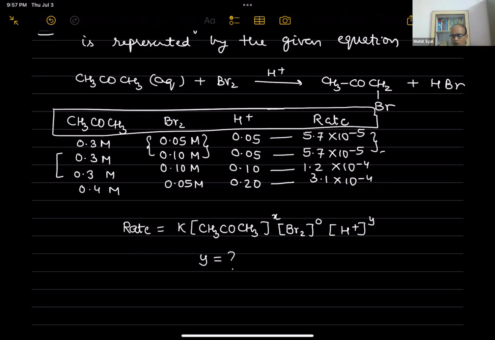So divide these two equations, put the value. This is same, this is not changing, only this is changing, and you have made the H plus concentration 2 times. And how much is the rate change? Roughly how much it has changed?